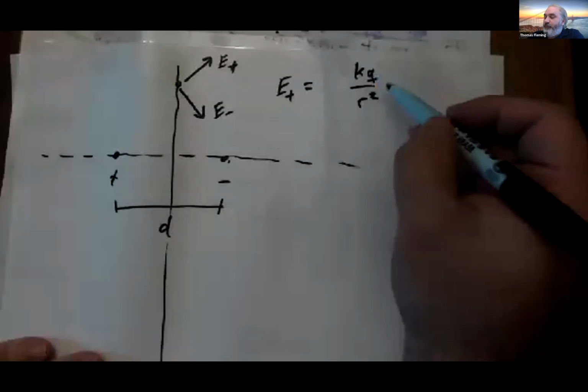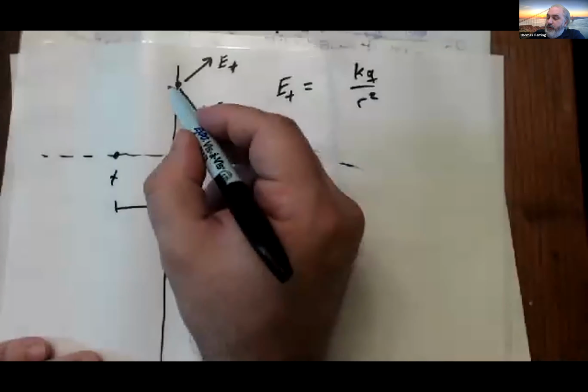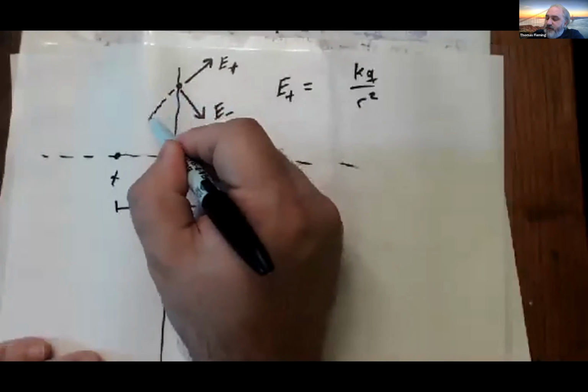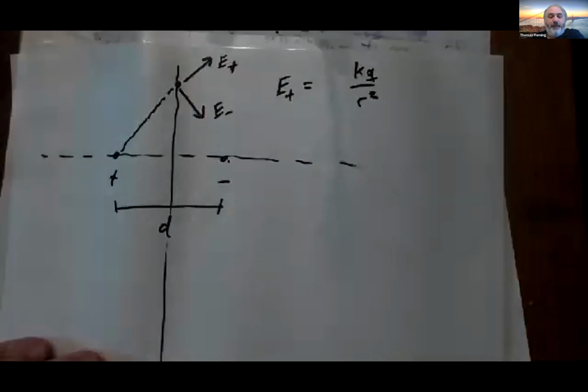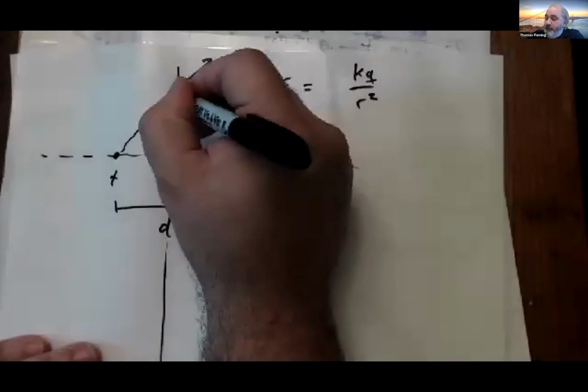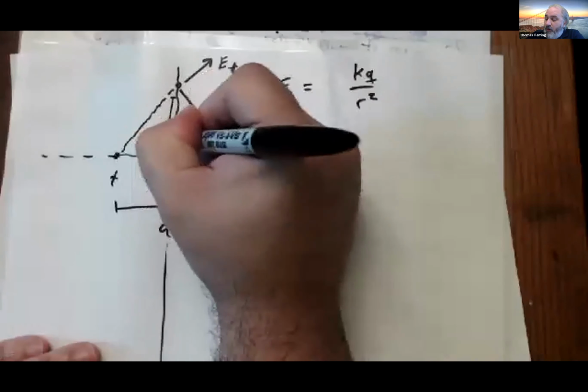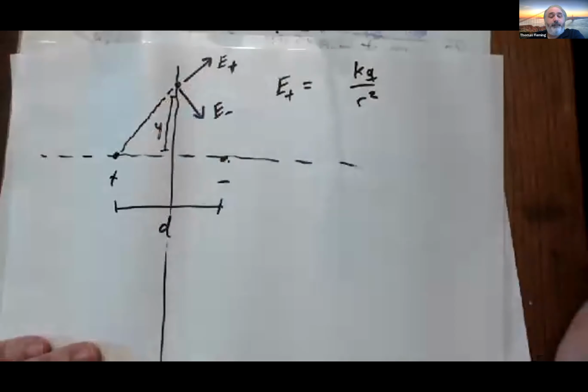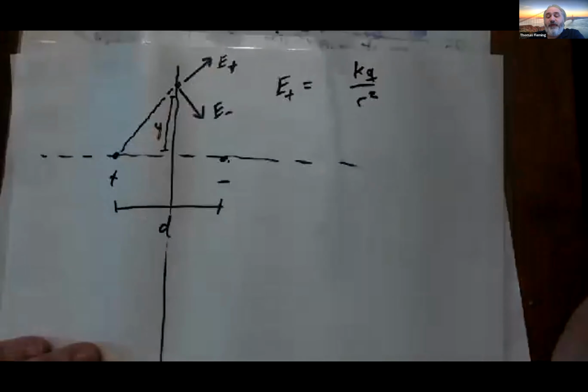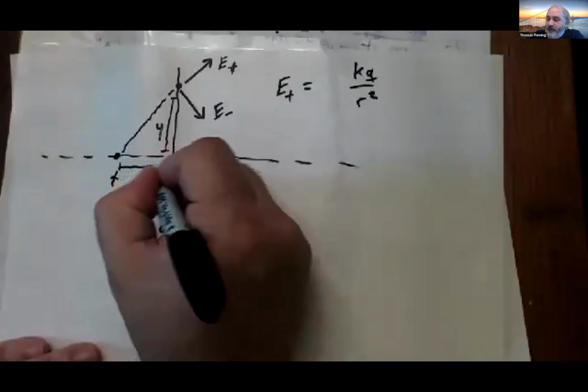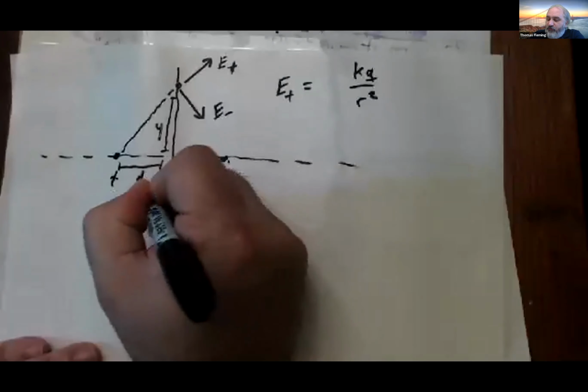But I need to find the expression for R. And R for E plus is going to be that distance right there, which is not X anymore. Instead, this distance here, I'll call that Y. That's how high I am above the origin. And of course, this distance right here is D over 2.